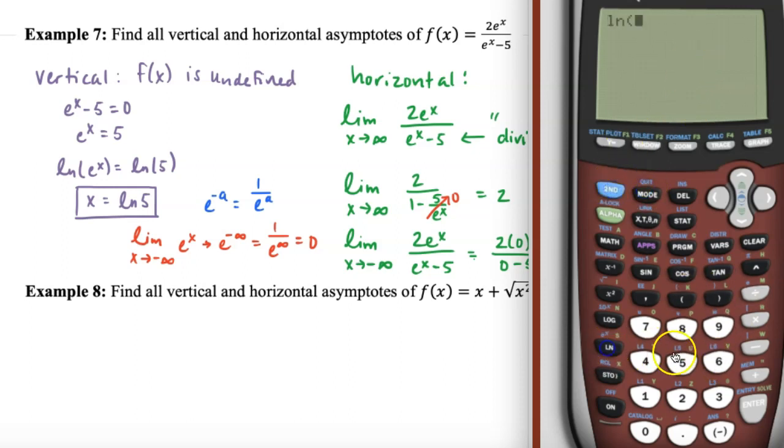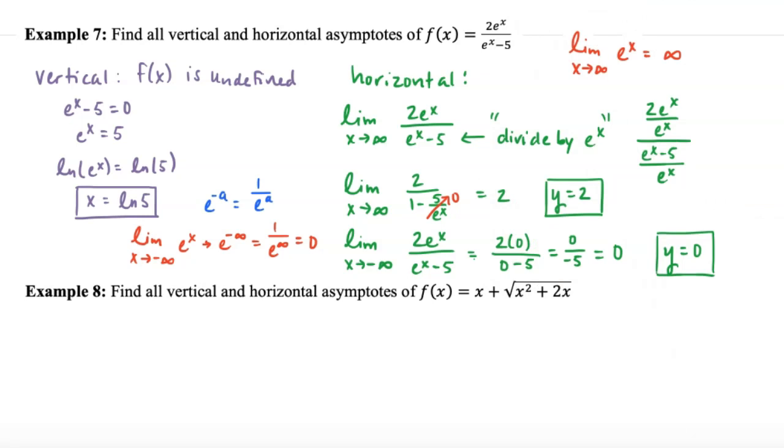Let's see, the natural log of 5. Great, that's 1.6. That's about what it looks like. I have a vertical asymptote at about 1.6, and then I have 2 horizontal asymptotes, at y equals 2 and then another one at y equals 0. So we found all vertical and horizontal asymptotes.